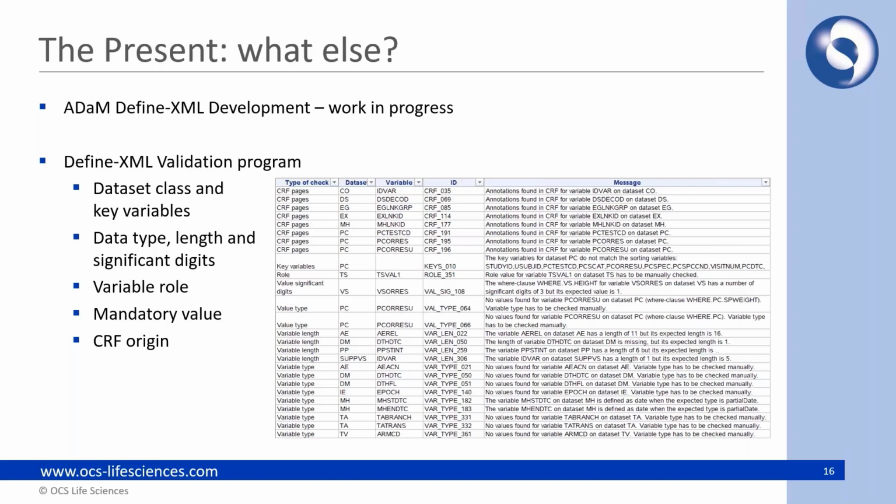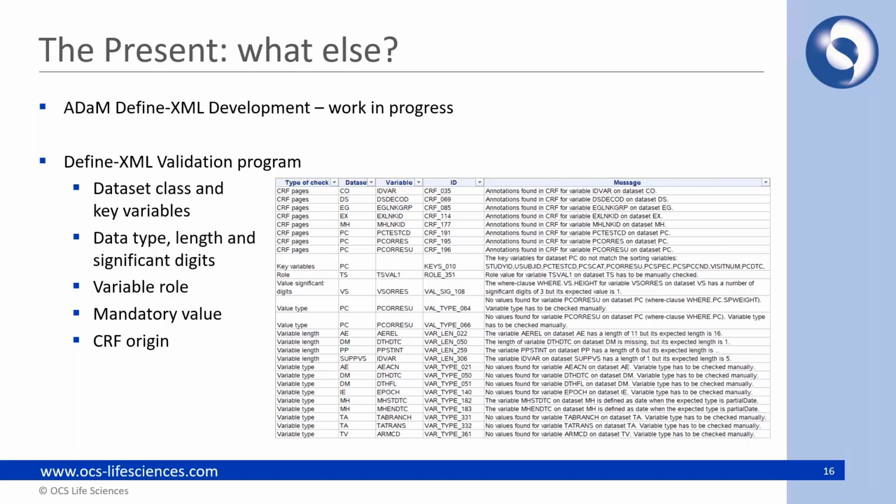And in the end, it creates a very nice table with all the messages that were derived by the program. And this table is also output in Excel so that we can work with it very easily.